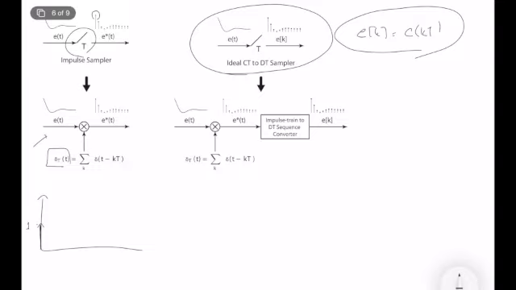When k is equal to 1, this is delta t minus kT, and let's assume that T is equal to 1 to simplify it. So delta t minus 1. We sum them, but they are in different positions: 0, 1, 2, 3. As you can see, this is the impulse train function.